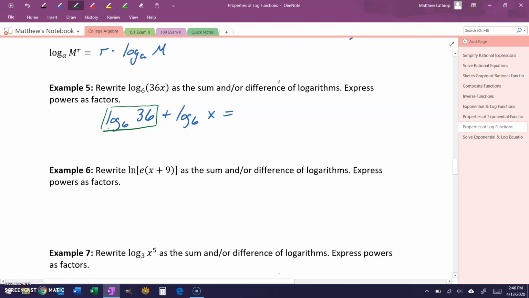If we were to rewrite this, this would be the same thing as saying 6 to some power is equal to 36. And in this case, we would have to take 6 squared to get that result. So this would mean that we could rewrite this as 2 plus the log base 6 of x.